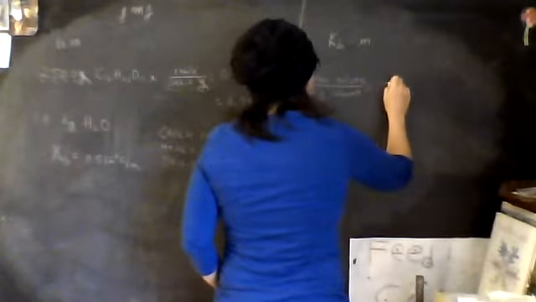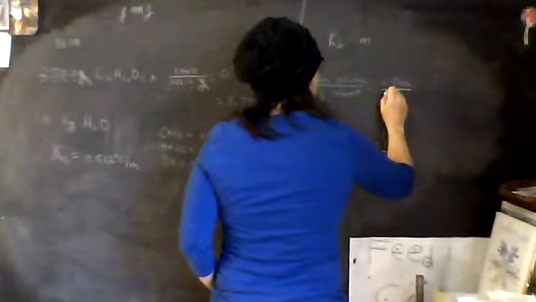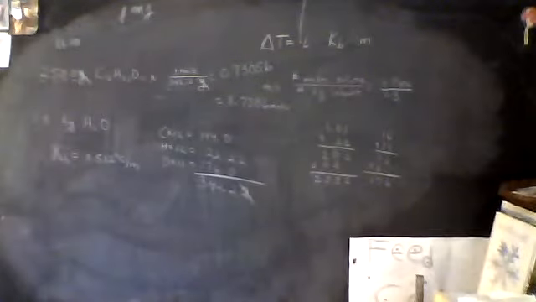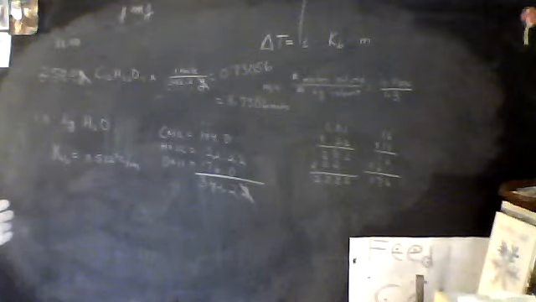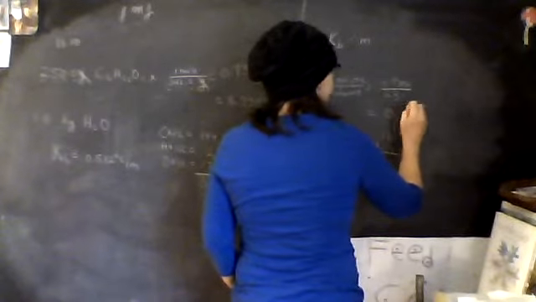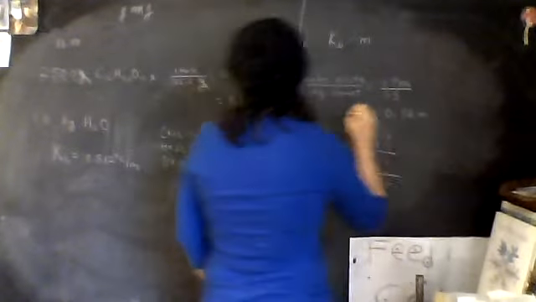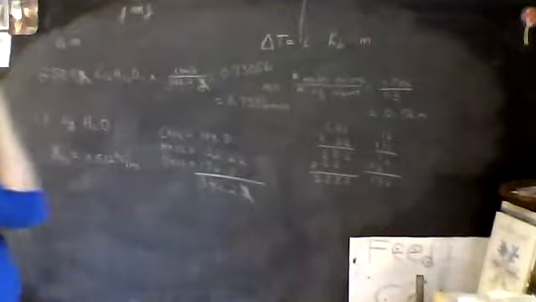So let's put those numbers in. 0.7306 divided by 1.3 is 0.562. We want 2 significant digits, so 0.56 molality.